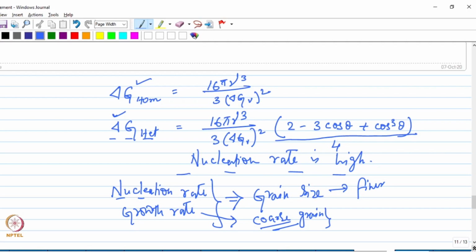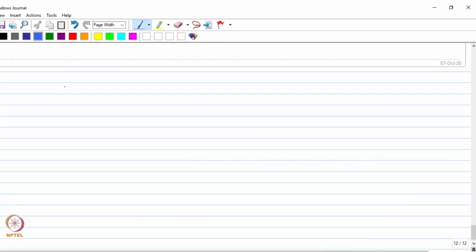Inclusions are not the answer for that, because many times this kind of inclusions, if they are present, they can be detrimental for many of the properties such as ductility, fracture toughness, and so on. Right? So we cannot really rely on these inherent inclusions which may be there due to some reason. So therefore, externally we need to create some nucleation sites by having suspended particles into the melt.